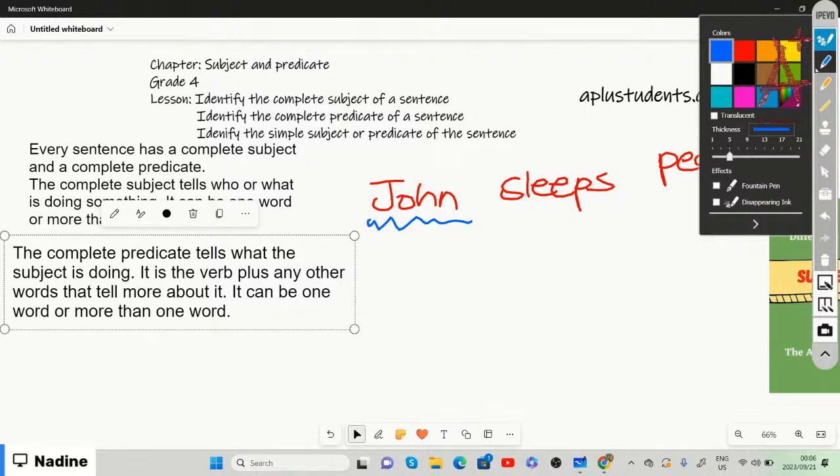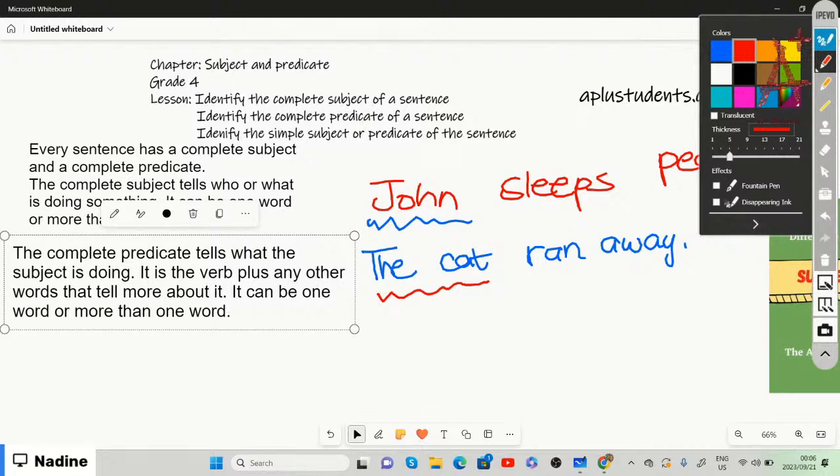If it is, for example, more than one word, then it's maybe things like the cat ran away, right? Which means that our subject over here is the cat.